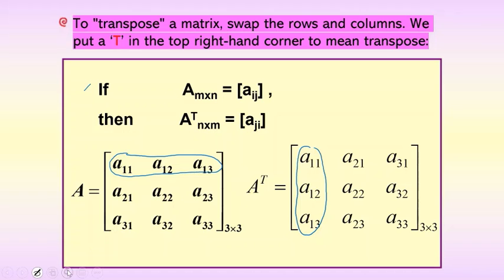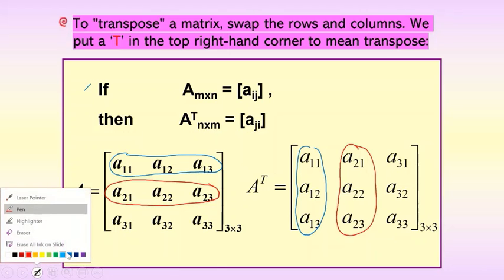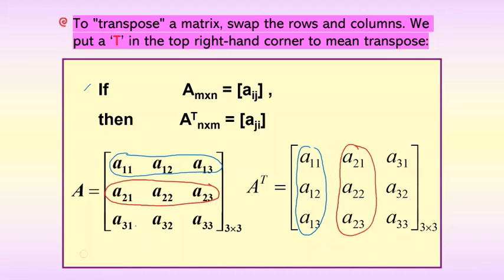Same with the second row: this is the second row, and it will become the second column. Exactly the same for the third row, A31, A32, A33, which becomes the third column of the transposed matrix.